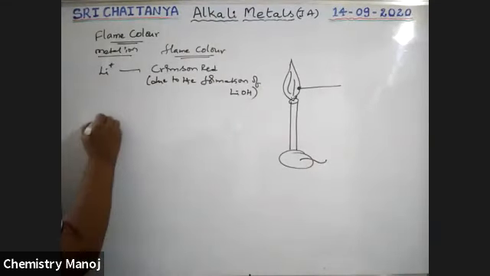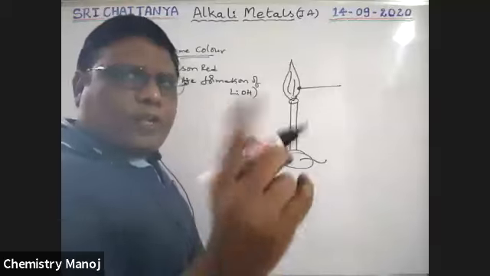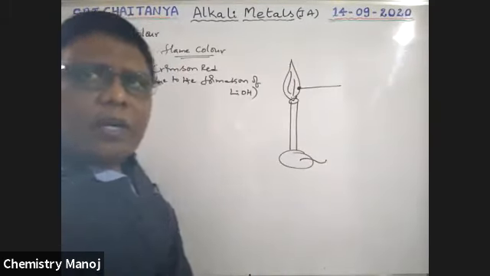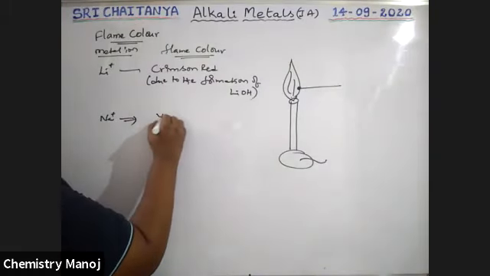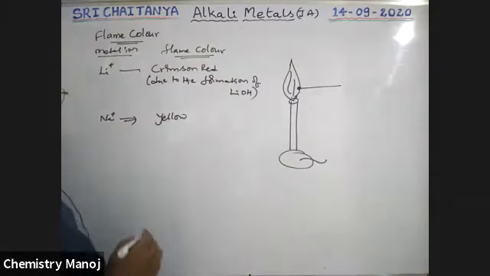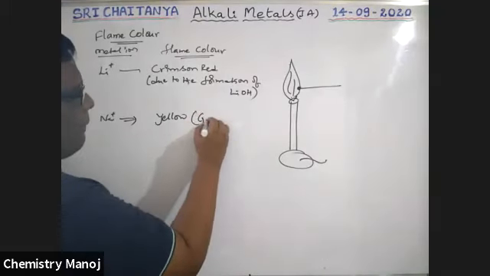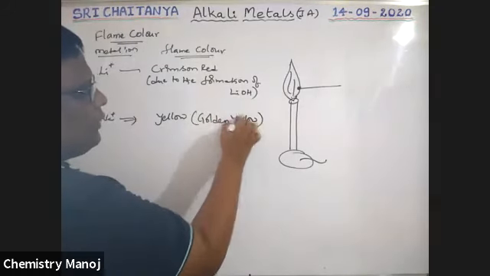Next, sodium. No doubt we know sodium vapor lamps in our street lights. Which color is emitted, boys? No doubt it is yellow. So sodium gives golden yellow flame color.